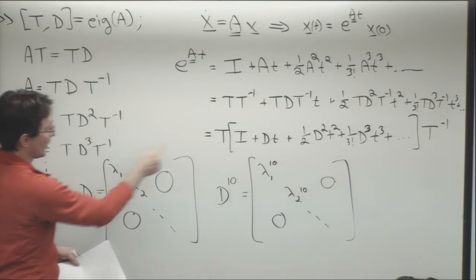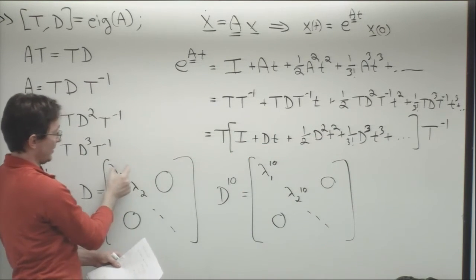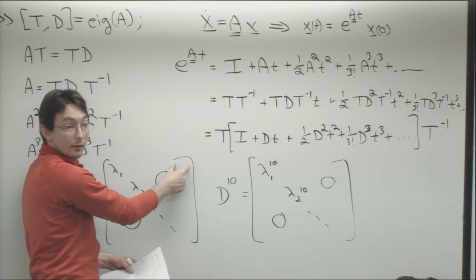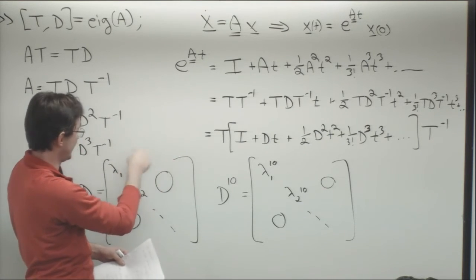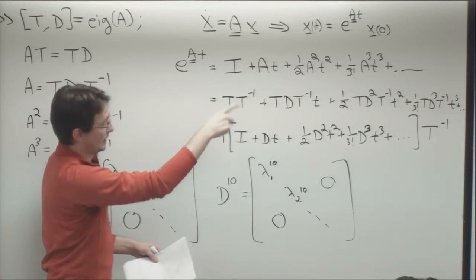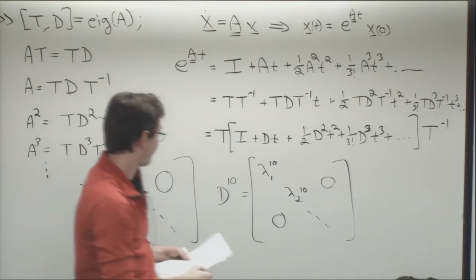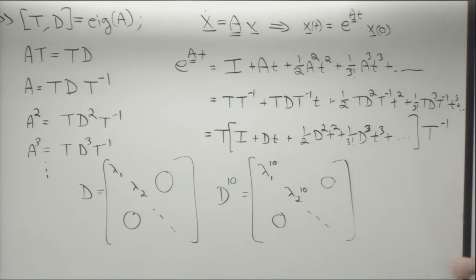And I can actually write this sum for every location in this matrix: lambda 1 t plus lambda 1 squared t squared over 2 plus lambda 1 cubed t cubed over 3 factorial. I'll just write it out longways.